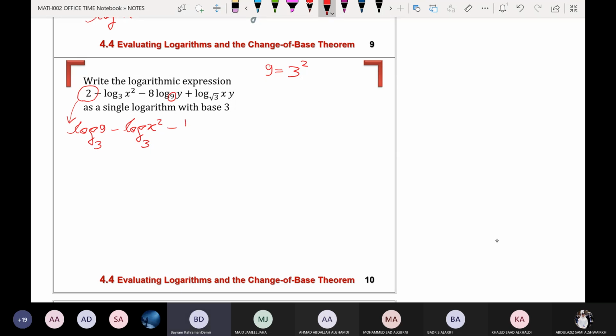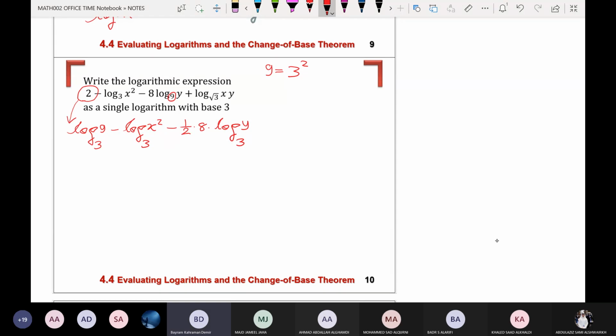I'm going to write 1 over 2 here times 8 times logarithm of y base 3 now. You see where the square is going, Shabab? Behind the logarithm. Yes, it just flips over and then multiplies just behind the logarithm.